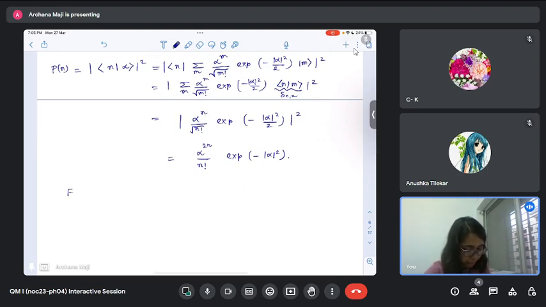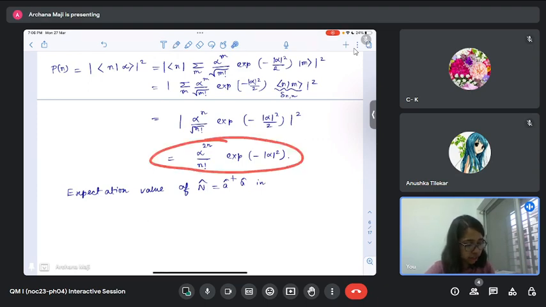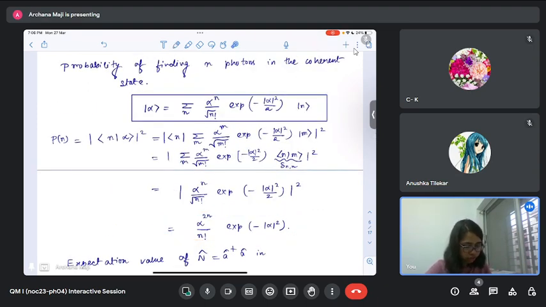expectation value of the number operator in the coherent state? The number operator, which is a dagger a, in the coherent state. So this is the probability. Okay, is there any confusion in understanding any of these steps?